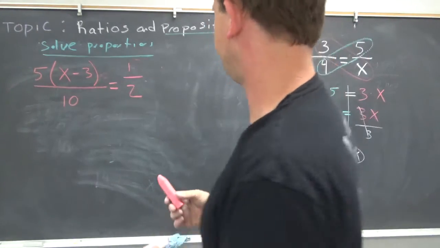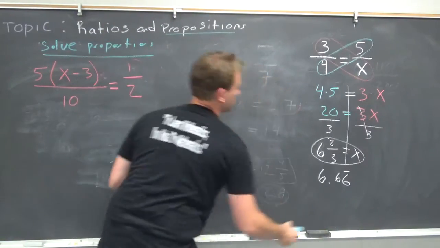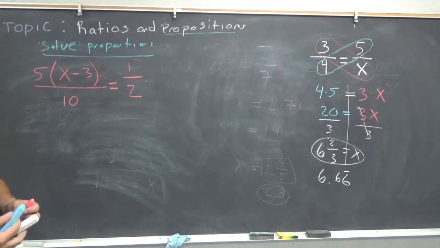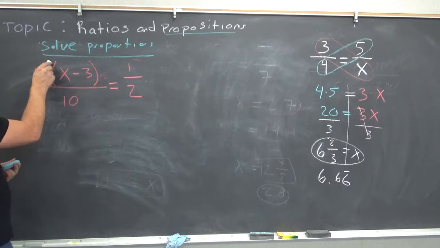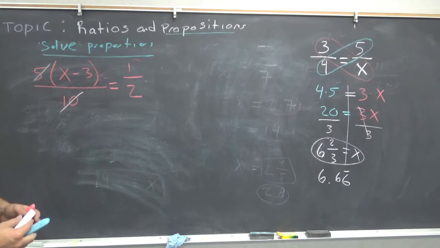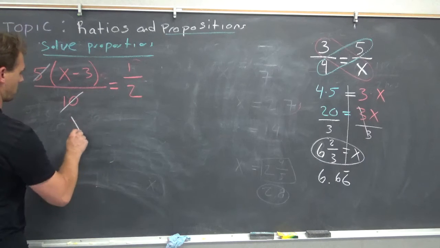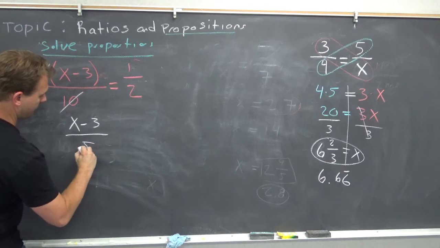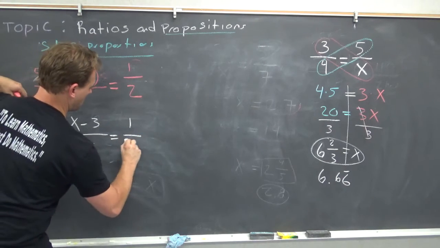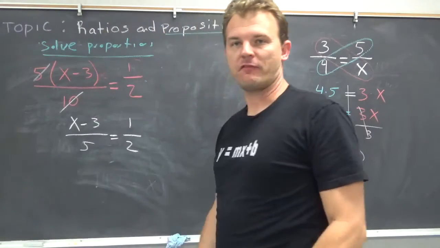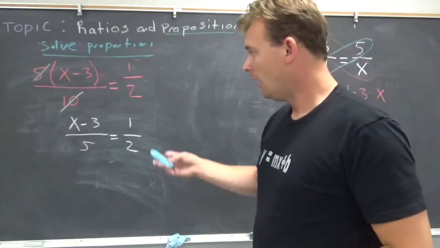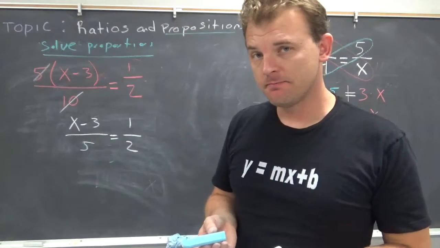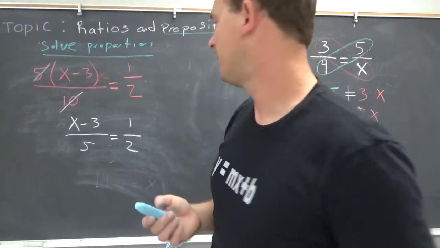So, here we go. You have an equal sign. You can do this. My first thing to do is take that away, and then half of that would be the first thing I would do. Well, don't you have a proportion? We have two equal sides, two ratios that are equal.